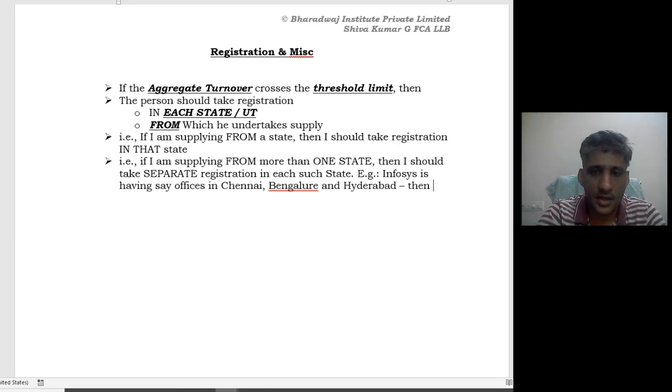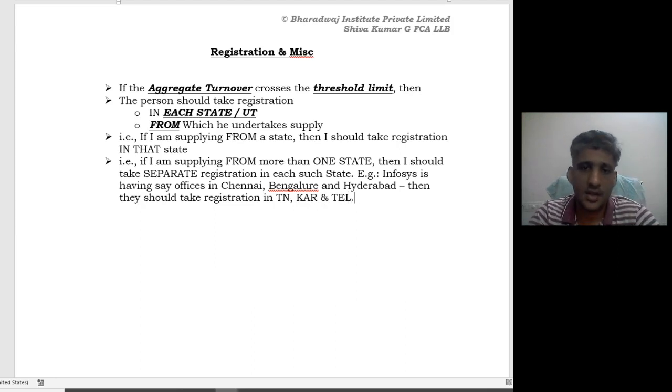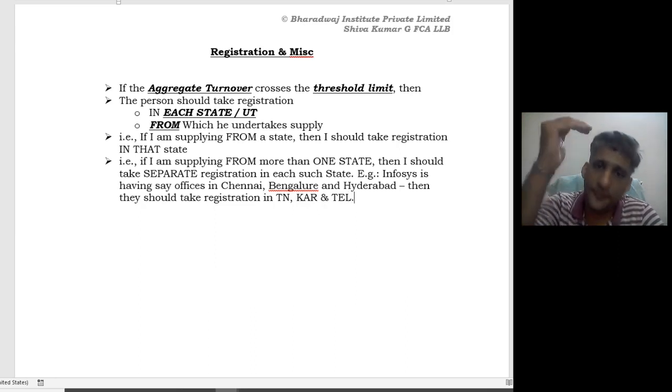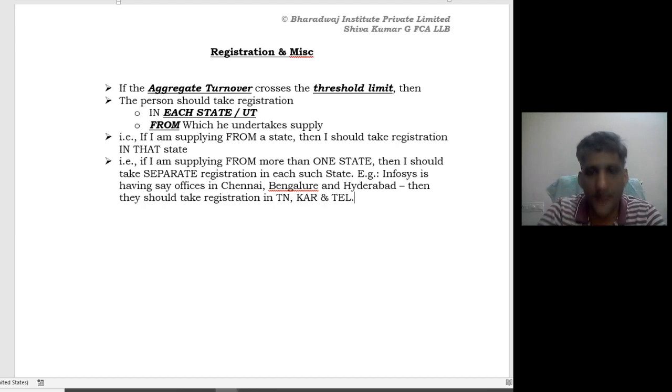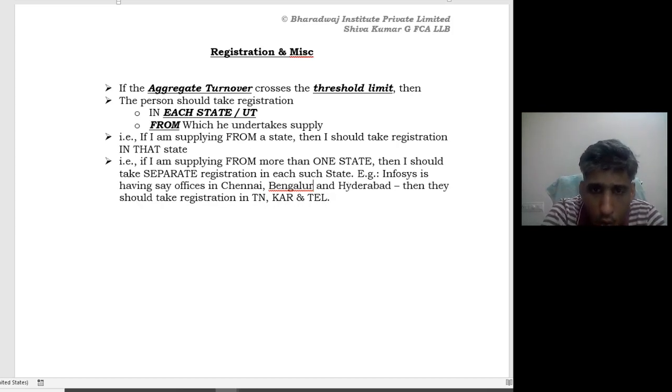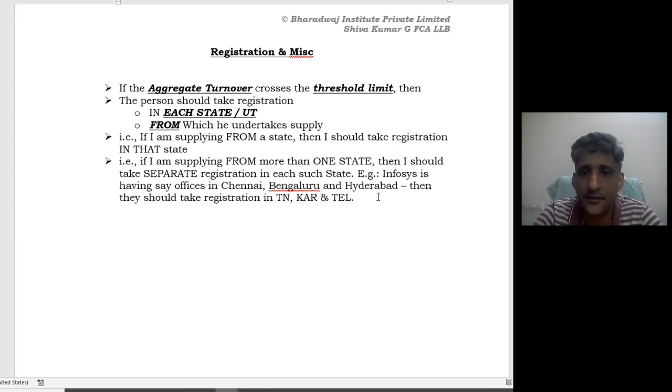Then Infosys should take registration in Tamil Nadu, Karnataka, and Telangana, because they are supplying from Chennai, from Bengaluru, and from Hyderabad. So they should take 3 registrations.